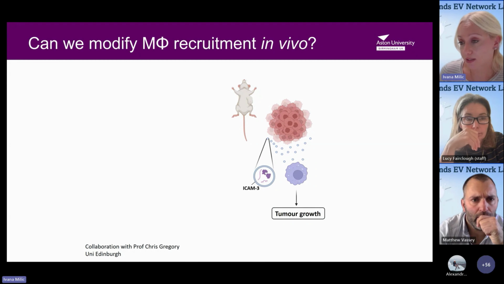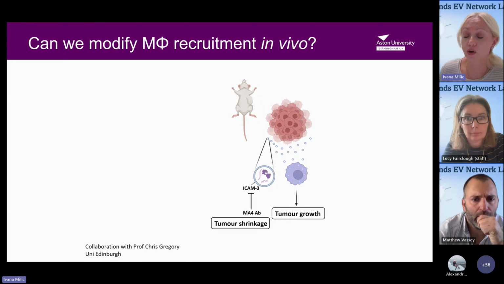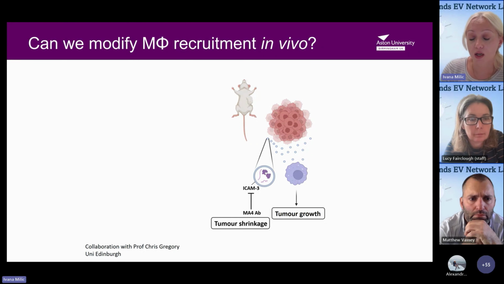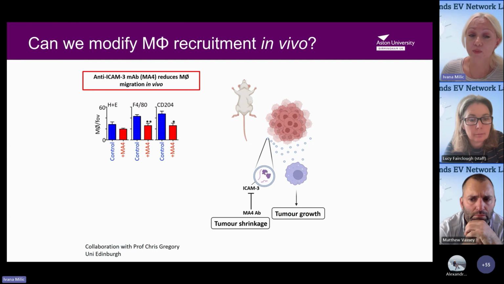If we block this ICAM3 using an anti-ICAM3 antibody, MA4, we can hypothesize that the tumor will shrink, because ICAM3 will be blocked and it will prevent ICAM3-positive EVs from communicating with the macrophages, which will lead to tumor shrinkage. And actually, when we look at the number of recruited macrophages within the tumor, we can see that this is exactly what has happened.